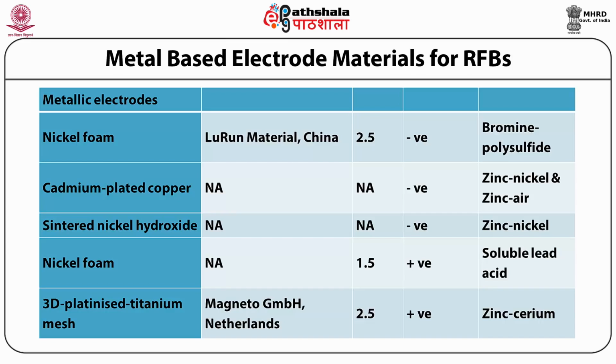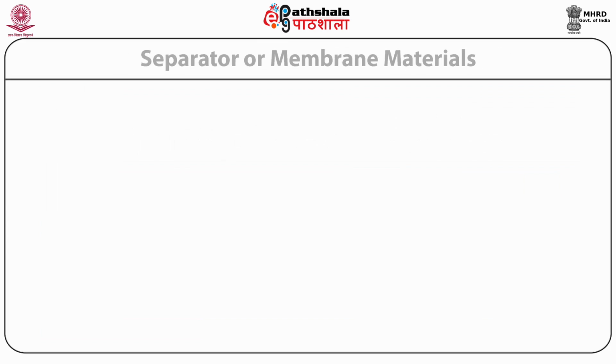That is, for a nickel foam metallic electrode we have the bromine polysulfide RFB. Cadmium-plated copper corresponds to zinc-nickel and zinc-air RFBs. Sintered nickel hydroxide corresponds to zinc-nickel. Nickel foam lead corresponds to soluble lead acid, and 3D platinized titanium mesh metallic electrodes are used for zinc-cerium based RFBs.